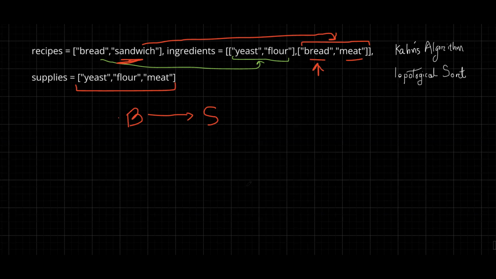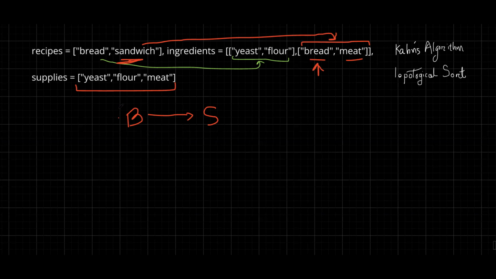Now here, in Kahn's algorithm, we will start the algorithm with all of the recipes which have in-degree 0. That means it is not dependent on any other. That means we can easily make this recipe from the given supplies.